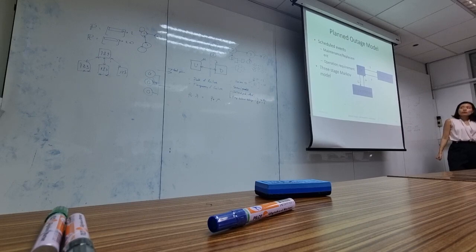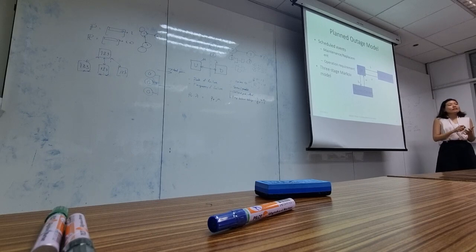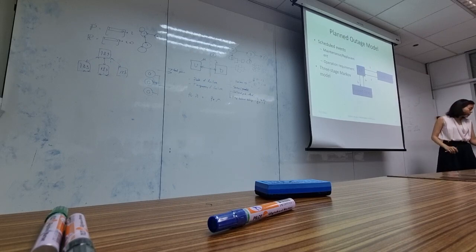For example, you need to differentiate when you collect the data, whether the device is down because it's forced to be out of the network, or is it down because it's on the maintenance schedule. So as long as you have that kind of information, you can use this model.